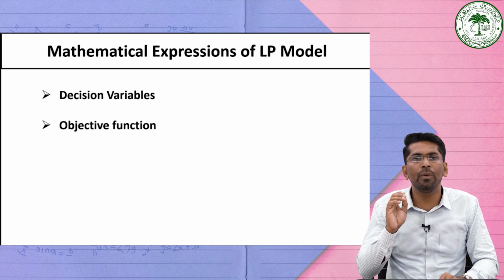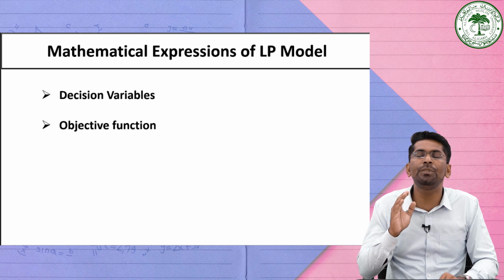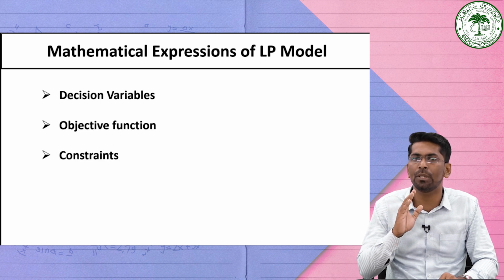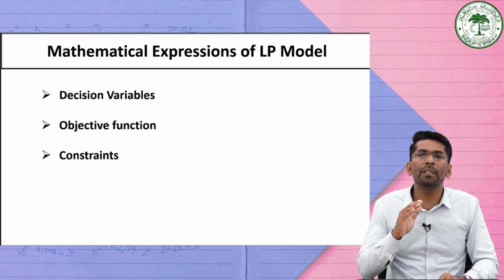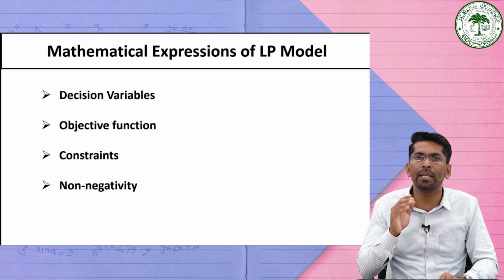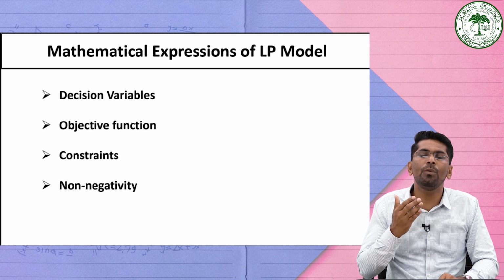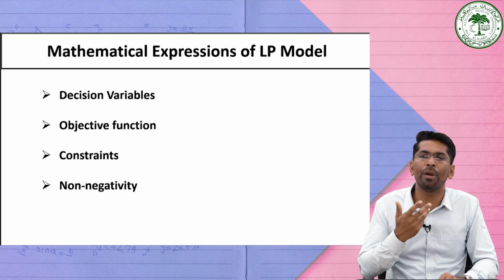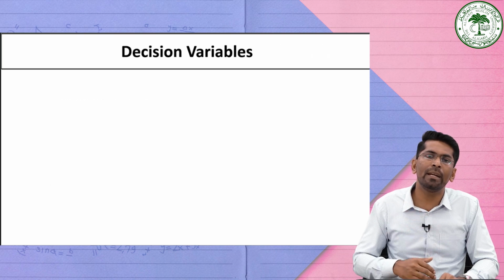After that, we have to frame the objective function and finalize it. Then we have to identify the various constraints in the given problem. Then we have to state that all the decision variables are non-negative. We will discuss these one by one in detail.